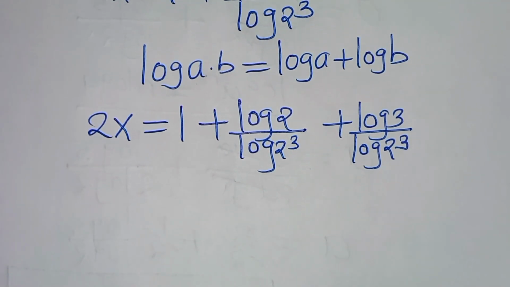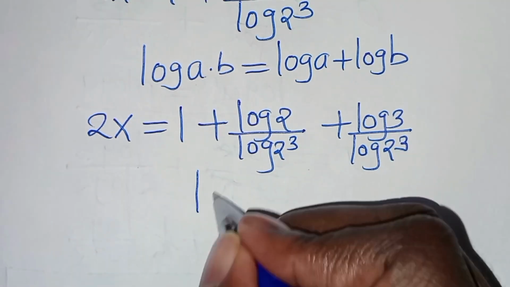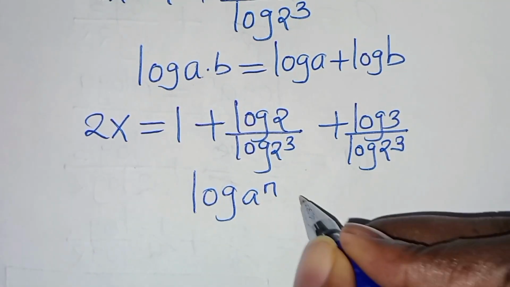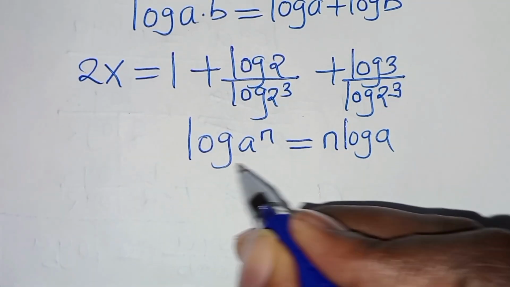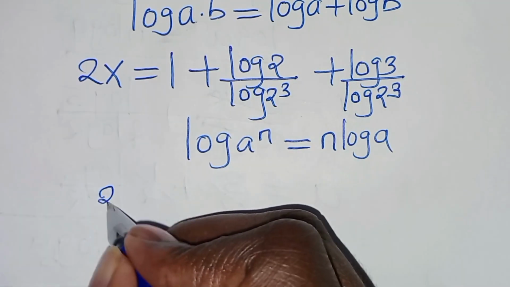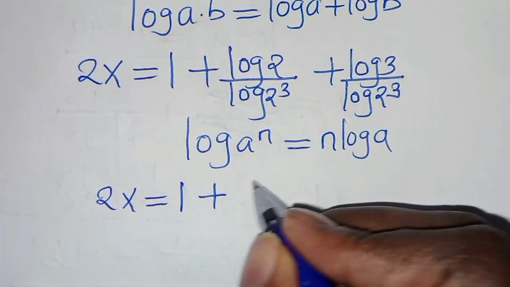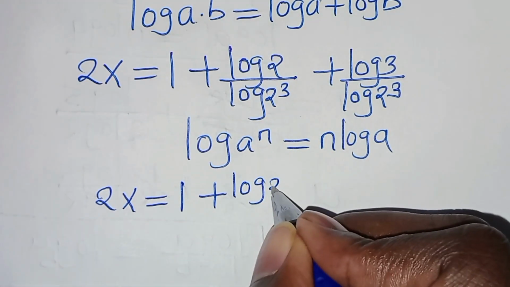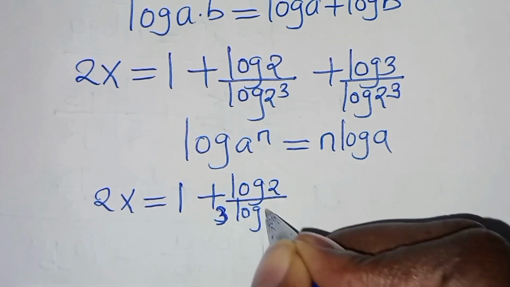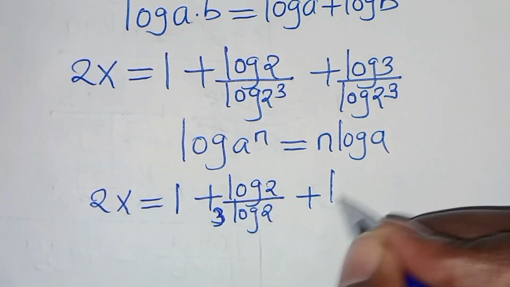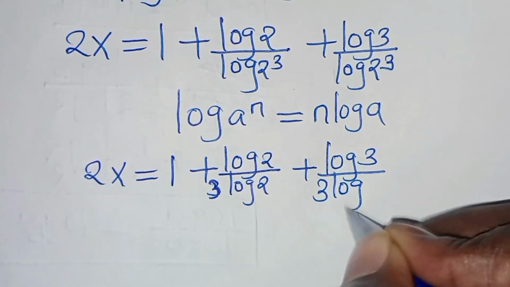The next step from here, log 2 to the power 3, by applying the power rule property, that is log a to the power n, this can be expressed as n log a. Applying this property, here we have 2x is equal to 1 plus log 2 divided by 3 log 2, then plus log 3 divided by 3 log 2.